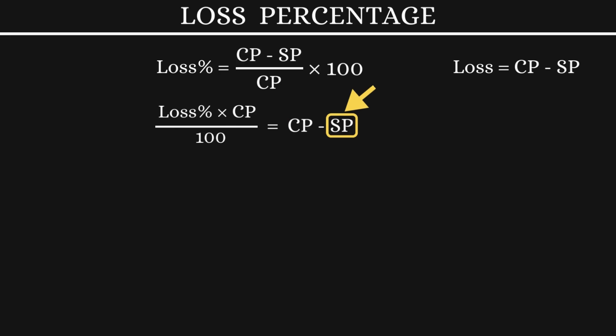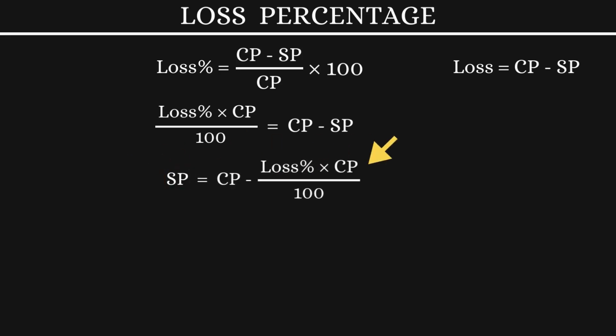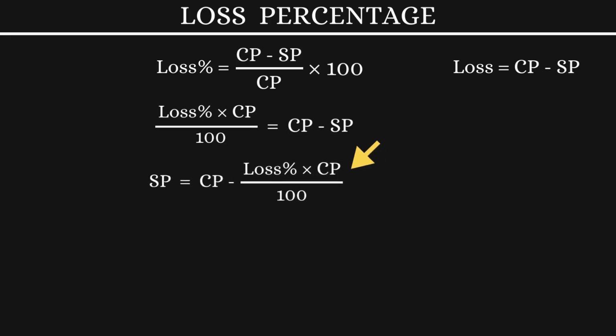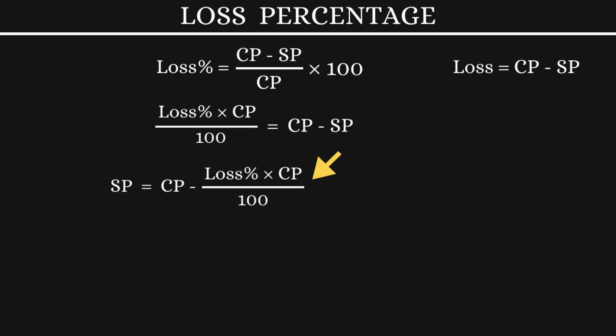So we'll keep the selling price on one side and all the remaining terms on the other side. What we get is selling price is equal to cost price minus loss percentage into cost price divided by 100.